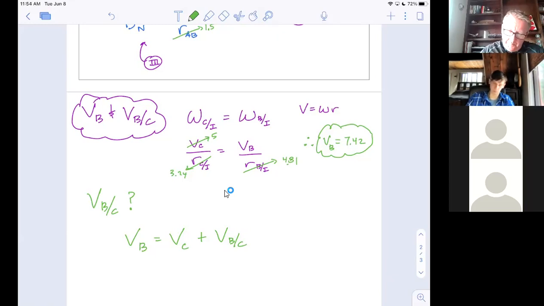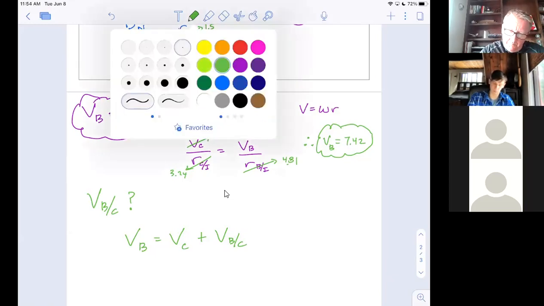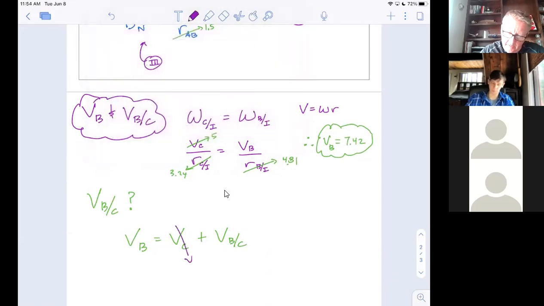So we know the velocity at C, that was given to be 5. We just calculated the velocity of B to be 7.42. And so that's going to allow me to find the velocity of B as it rotates around C, which apparently is 2.